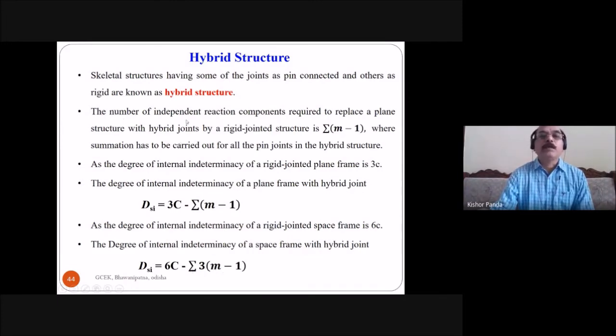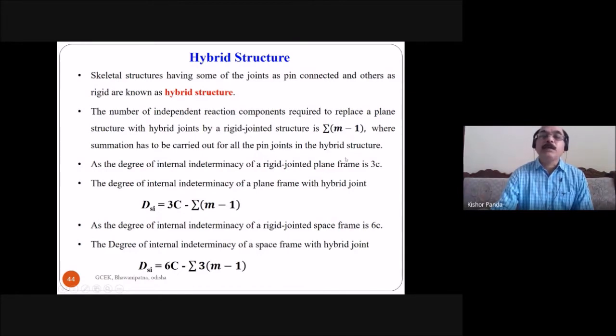The number of independent direction components required to replace a plane structure with hybrid joints by a rigid jointed structure, because you have to convert the hybrid joint to rigid joint by taking this equation, summation of m minus 1, where summation has to be carried out for all the pin joints in the hybrid structure.